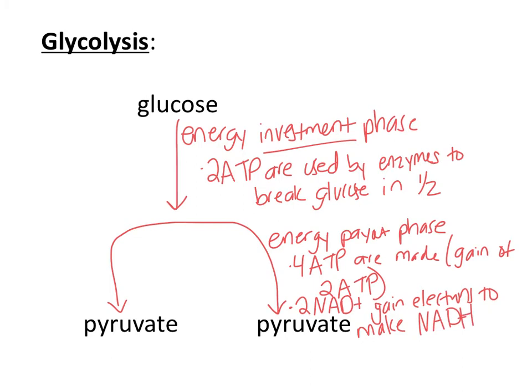At the conclusion of glycolysis, we have ended now with 2 pyruvates. These are half pieces of sugar. We have ended with 2 ATP, and we have ended with 2 NADH.